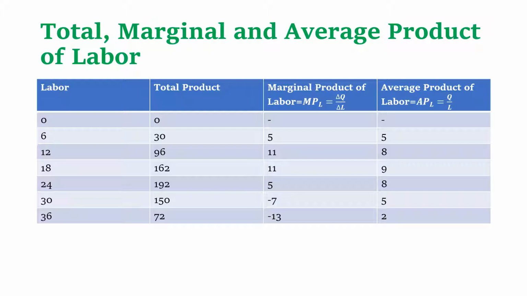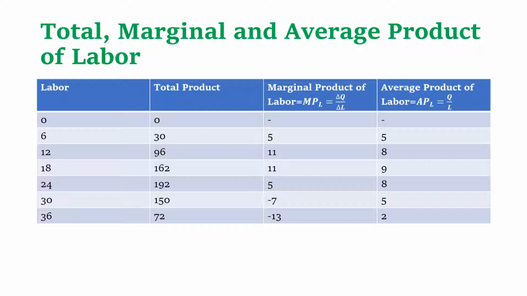You also notice that the marginal product is the first measure that attains a maximum. It attains a maximum after the 12th worker, up to the 18th worker. It reaches that maximum and then declines.